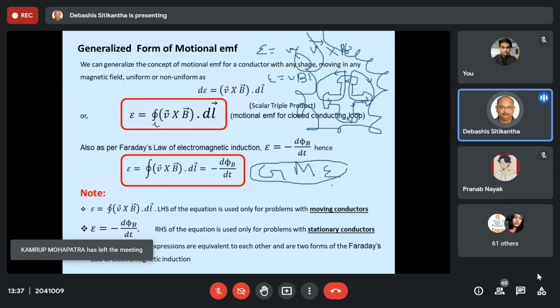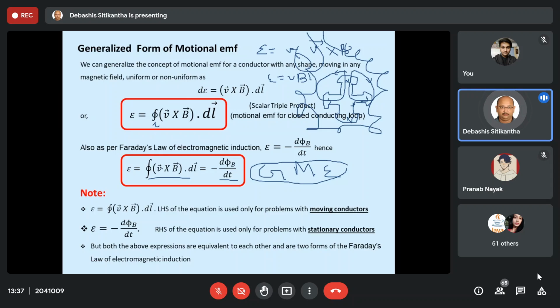Please note one important point. Over this equation, you can see there is a left hand side and a right hand side. The left hand side is particularly suitable for solving problems where you are going to have a moving conductor.